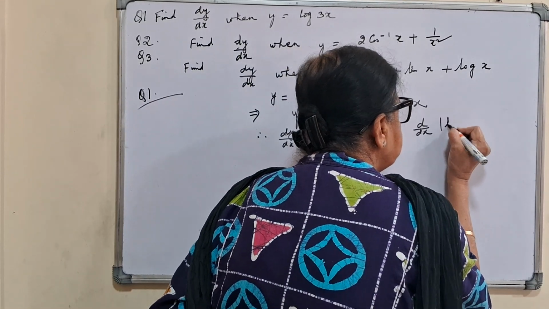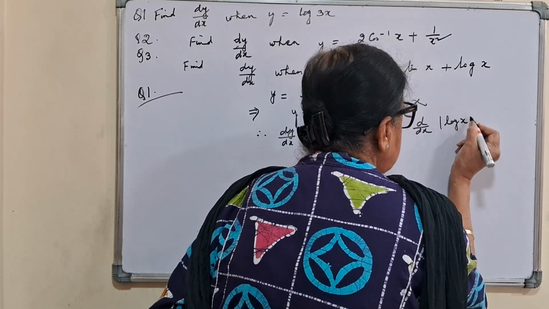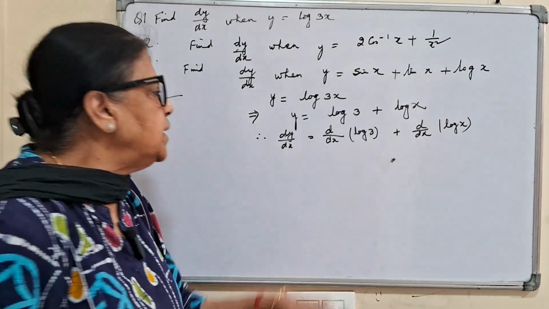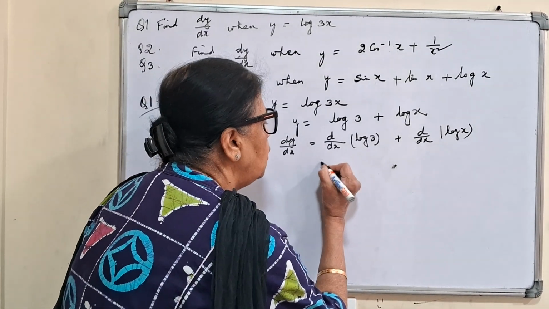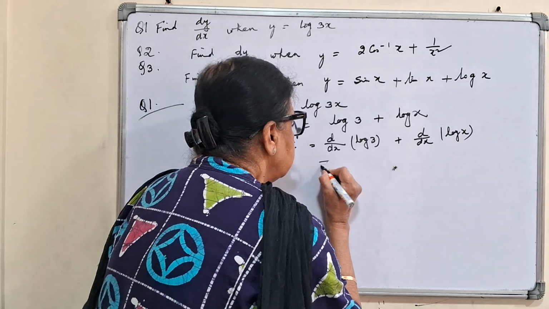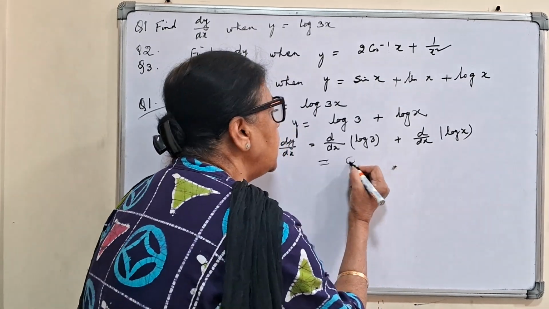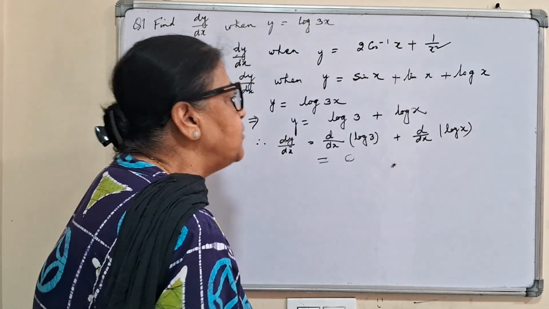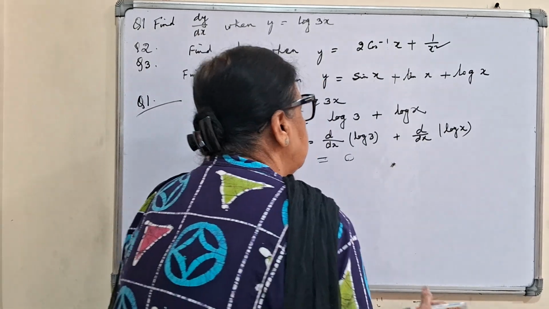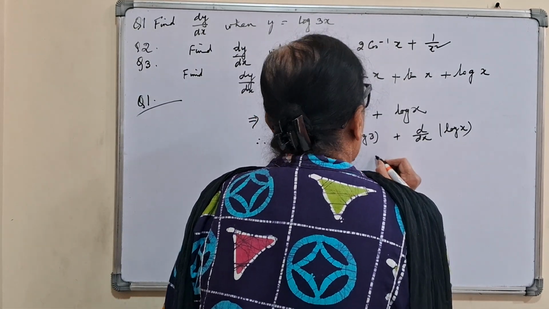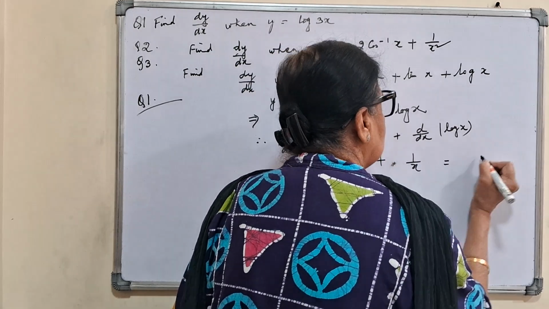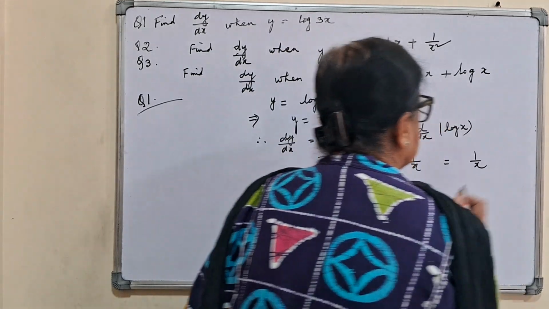Now 3 is a constant, so obviously its derivative will be 0. And the derivative of log x we have done earlier, so it will be 0 plus 1 by x, which is equal to 1 by x. That is the answer.